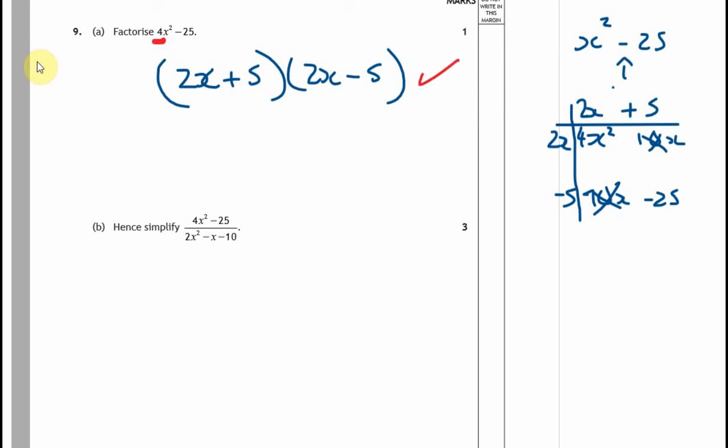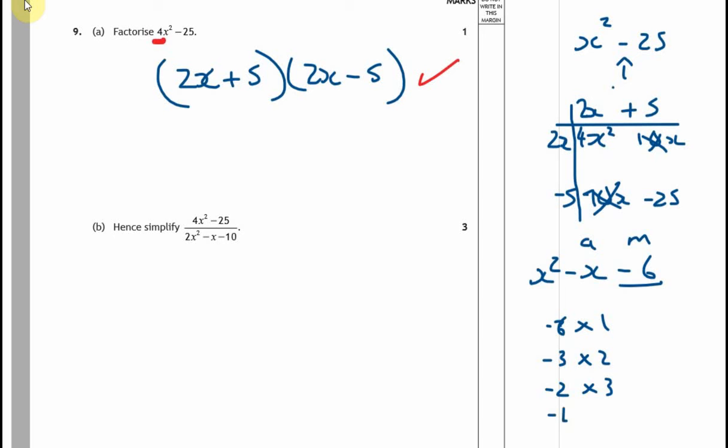Just while we're on factorising, I suppose we should quickly go through the easier way of factorising, in case that might come up. Something like x squared minus x minus 6. We're looking for factors that add to this and multiply to this. If people find that tricky, just look at your multiples. What multiplies to give me minus 6? Well, minus 6 and 1, minus 3 and 2, minus 2 and 3, minus 1 and 6.